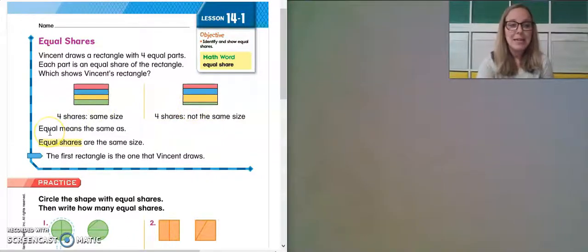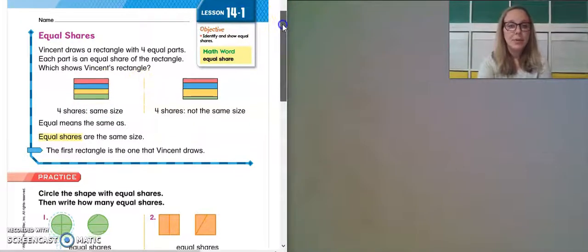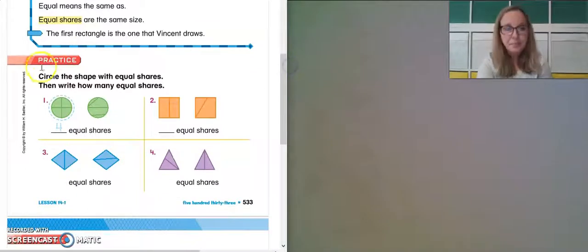So here again, it reminds us that equal means the same as, and equal shares are parts that are the same size. So the first rectangle is the one that Vincent draws because it has equal shares. If we look down now where it says practice, it says circle the shape with equal shares. Then write how many equal shares.